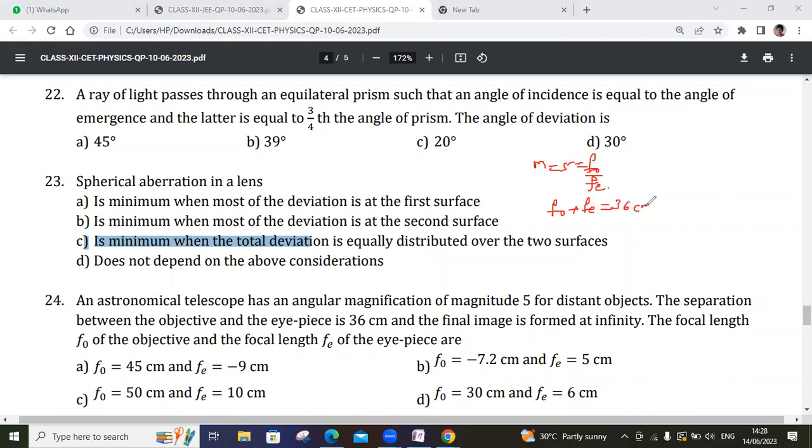Final image is formed at infinity. The focal lengths FO and FE you have to find. So FO is equal to 5 FE. If you substitute here, you will get 6 FE is equal to 36. So FE is 6. So FO is 30, that is 36 minus 6. So it is option D.